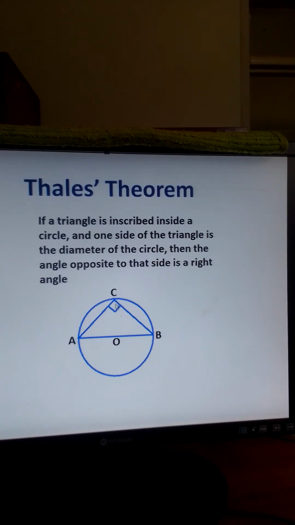So this angle that is opposite to this side AB, which is the diameter of the circle, is a right angle, always. So any angle that you can form in this segment, with AB as one of the sides, will be a right angle. That is Thales theorem.